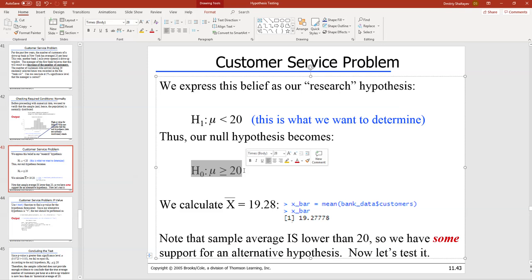So I started that test with the assumption that the true average number of customers per hour is still 20 or even more than that. My p-value is high, therefore the number that I have observed, 19.28, is not that far away from the hypothesized average of 20. So a sample like that will every once in a while come up.